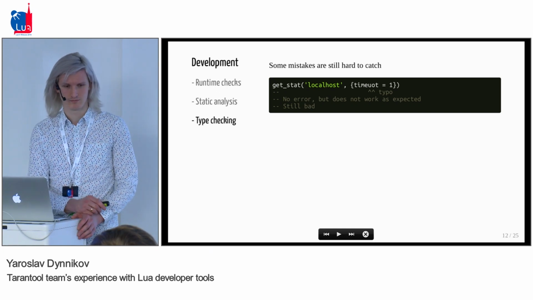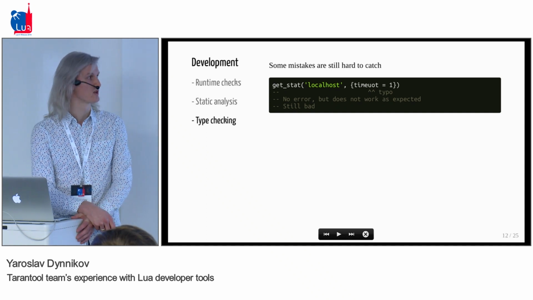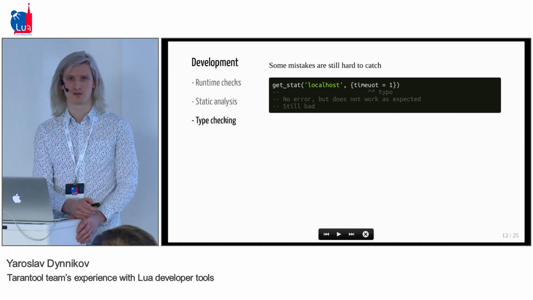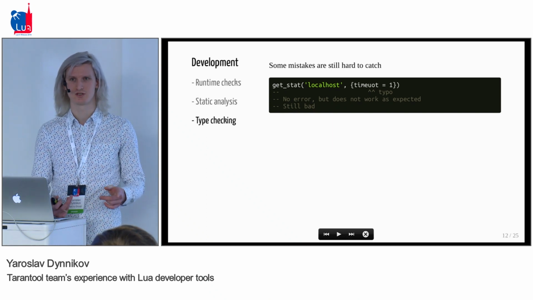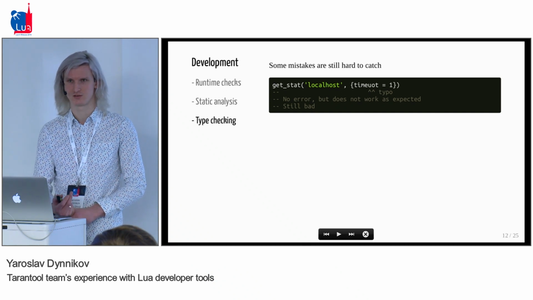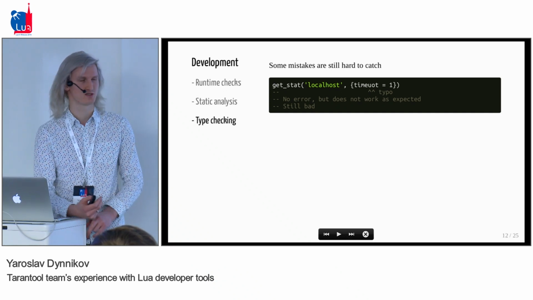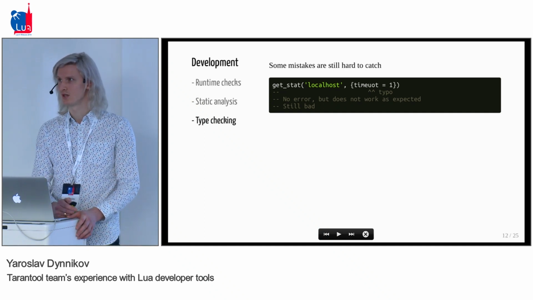So it's still bad. If you try to assert it, you're likely to get tons of code because you have to check all options, you have to check that there are no undeclared unknown keys in that table, and this is just boilerplate.